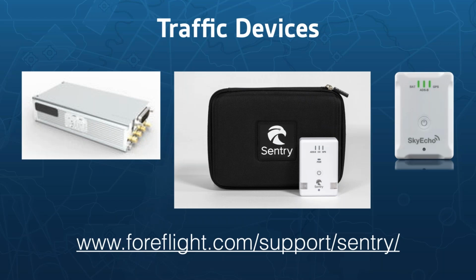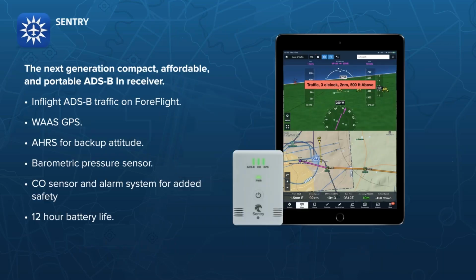And on the right side, the uAvionix SkyEcho 2, a combined FLARM ADS-B receiver. And ForeFlight now provides in Europe the ForeFlight Sentry. The ForeFlight Sentry provides in-flight ADS-B traffic information from ADS-B out-equipped aircraft like the other devices.